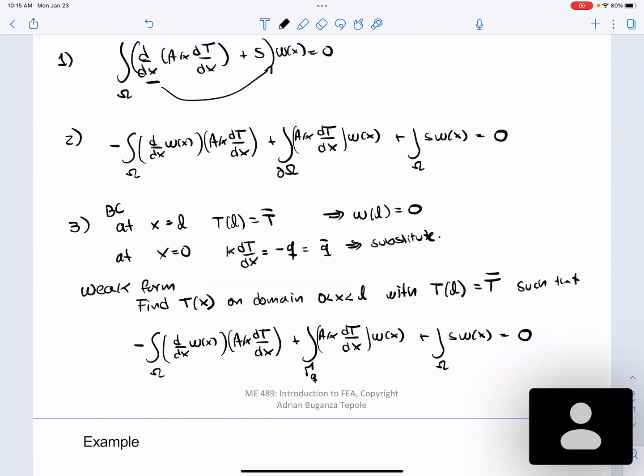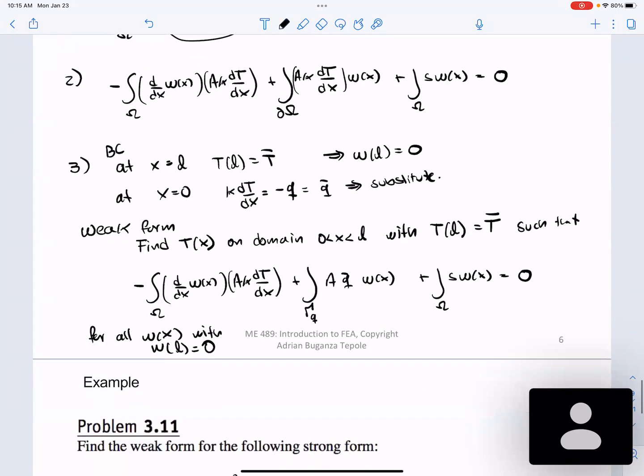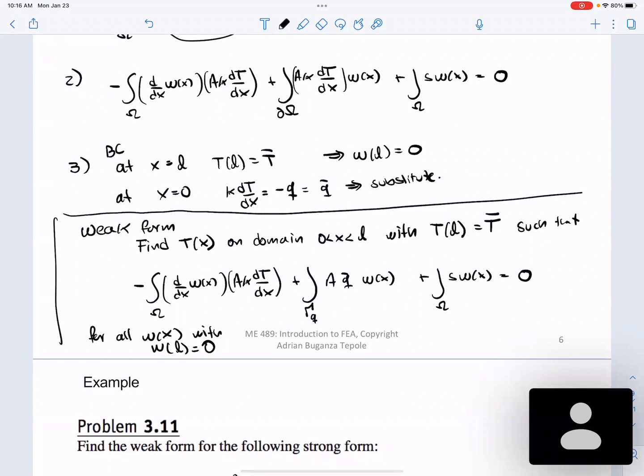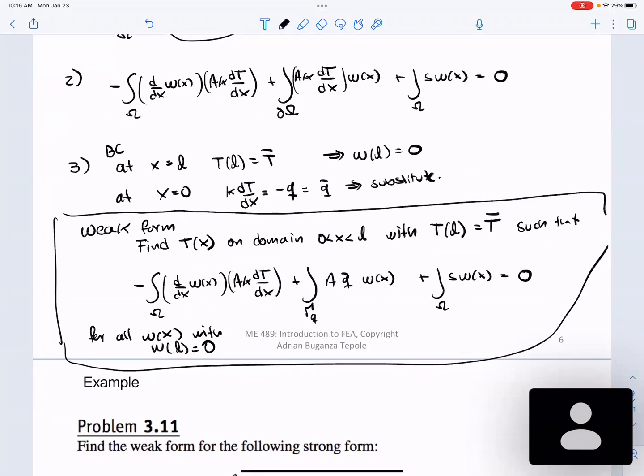So typically I would use gamma q. And here, I'm just going to have a q bar, for all w of x, with the only thing that I need of the w of x is that w at L equals 0. And that is the weak form. Any questions about that?